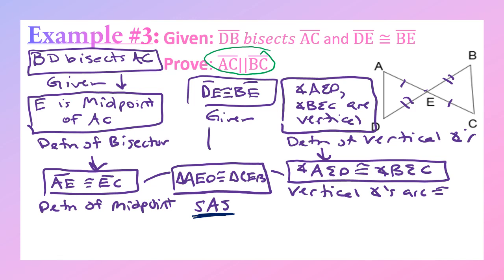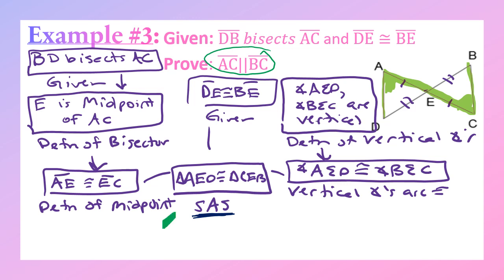But what it means is if we think about parallel, anything parallel, we can think back to that magic Z. And if I could show that angle A and angle C over here are congruent, then I can make the statement that my lines are parallel.